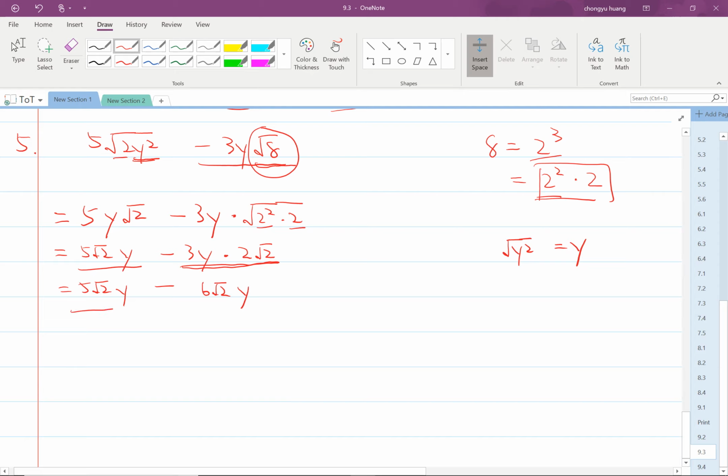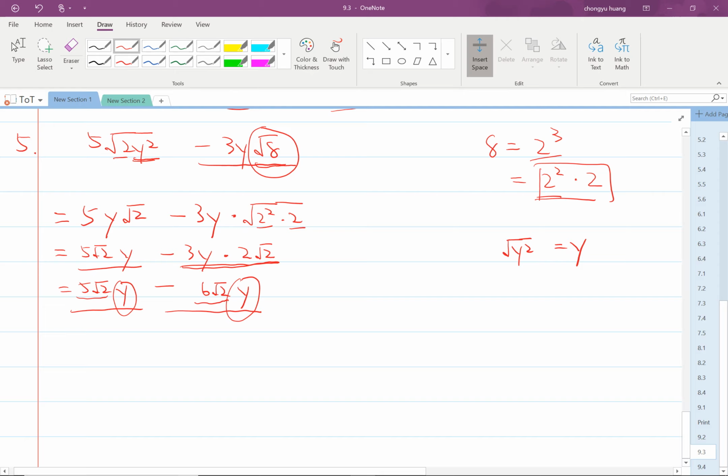So now, as you can see, for both of them we have a variable y. For the coefficients, what we have is 5 square root of 2, and then minus 6 square root of 2.